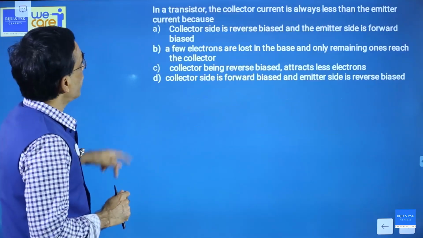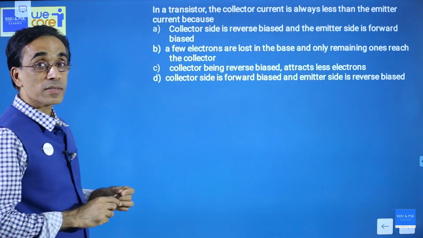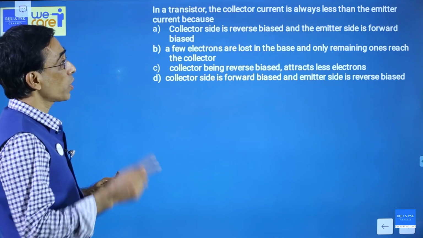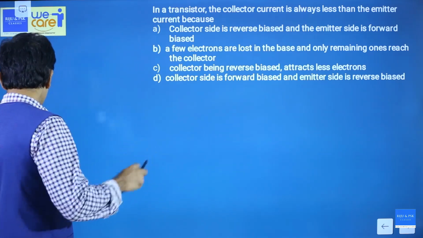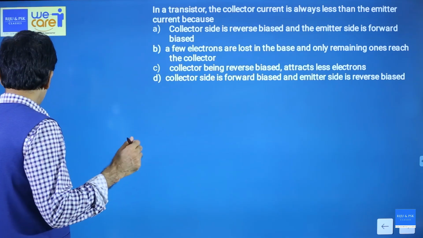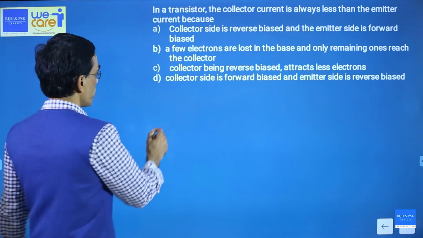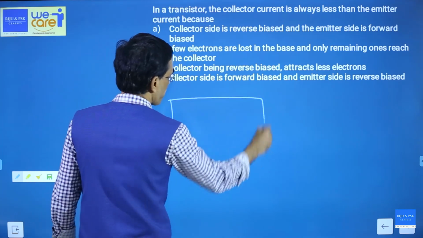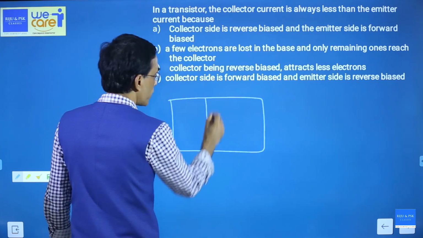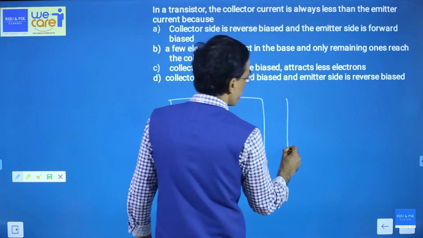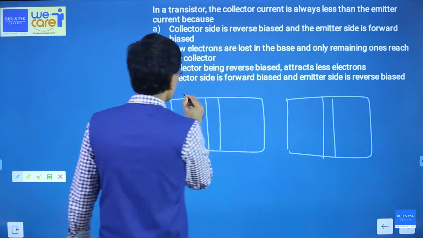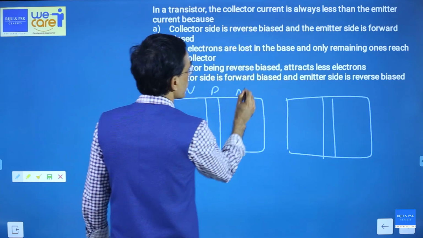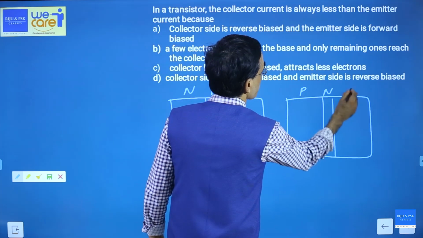First one: in a transistor, the collector current is always less than the emitter current, because if you had noticed during the working of a transistor, you have seen this. If you take an NPN transistor or a PNP transistor, let's say this is NPN, this is PNP.